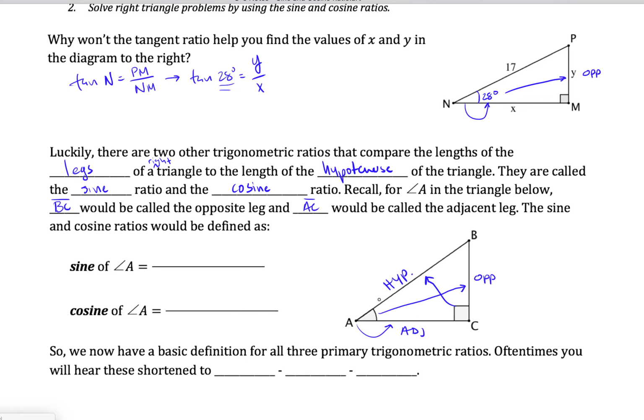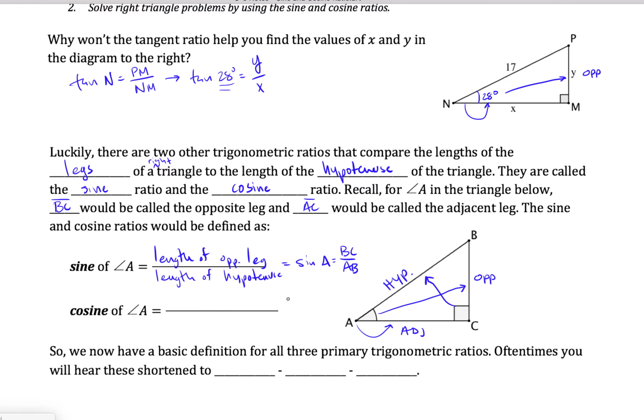The sine of angle A would be equal to the length of the opposite leg divided by the length of the hypotenuse. Or in this picture, the sine of angle A would be equal to the length of BC divided by the length of AB.